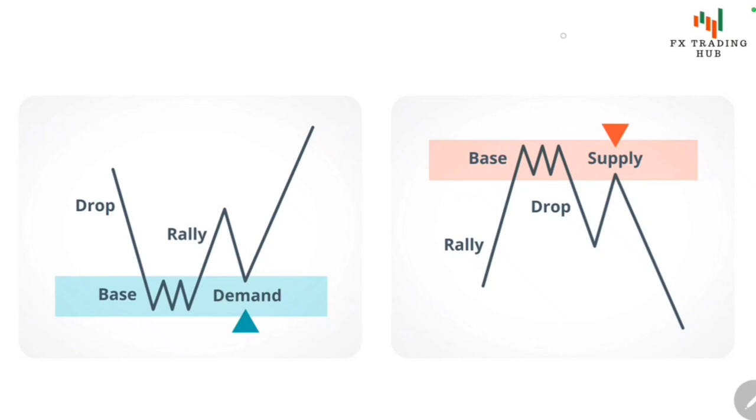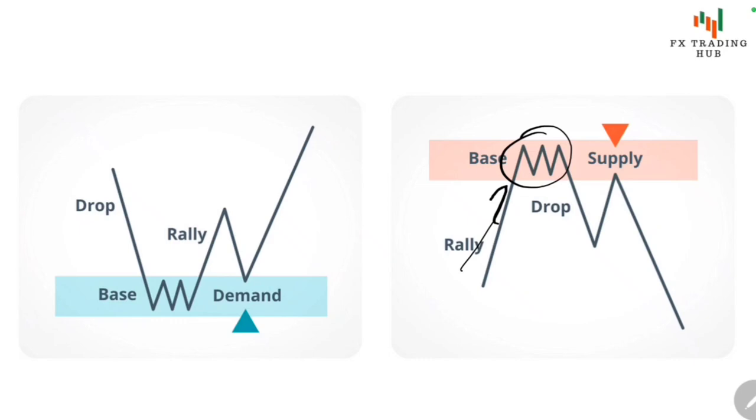So the first one here, as we can see, is drop base rally. The market dropped and now consolidated, giving us a base and now rallied up. That presents us with a buying opportunity at this point. In this case as well, the market rallied up, formed a base.